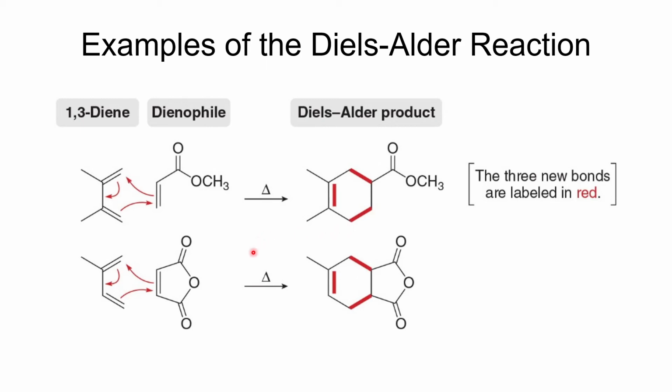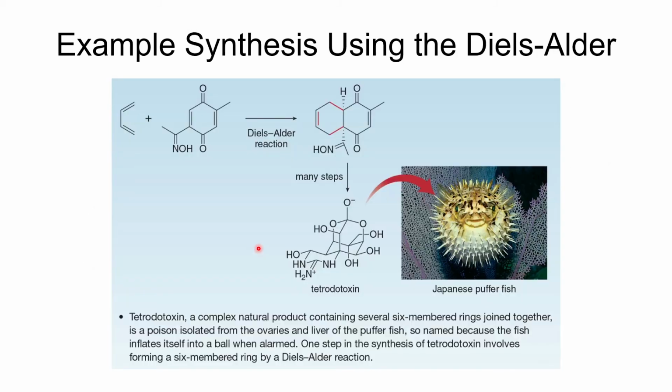When we do this reaction, in similar fashion here, we'll get the new product and form the new bonds. So we want to look at an example where people have used the Diels-Alder in a synthesis. This is a very complicated compound.